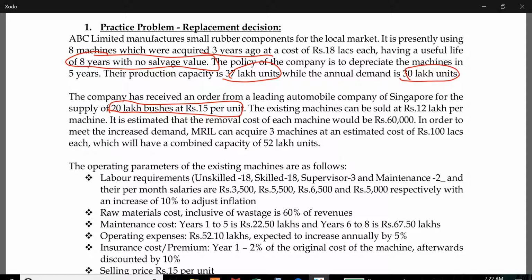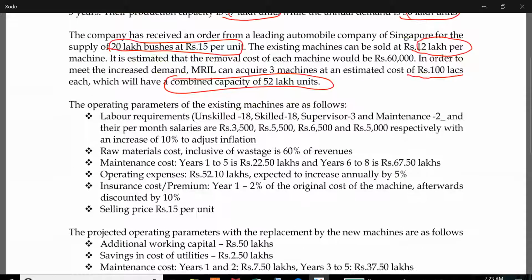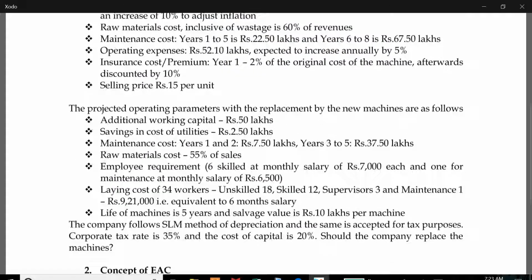Now they are bringing in a concept saying that you can sell your existing machine for 12 lakhs, some removal cost is there, and you can buy 3 new machines which have a combined capacity of 52 lakh units. So this is basically a revenue enhancement project, because I will buy new machinery and increase my revenues. Some operating parameters of the existing and additional machines are given.